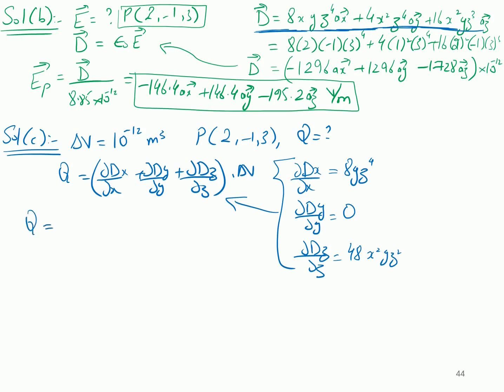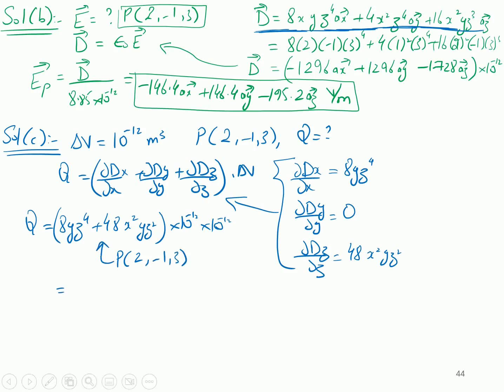So value of q comes out to be 8y z power 4 plus 48 x square y z square, and don't forget the value of pico, 10 raised to power minus 12, into 10 raised to power minus 12 for the value of delta v. Now we just input the value of p as 2, minus 1 and 3 over here, so the final answer comes out to be minus 2376 into 10 raised to power minus 24 coulomb.